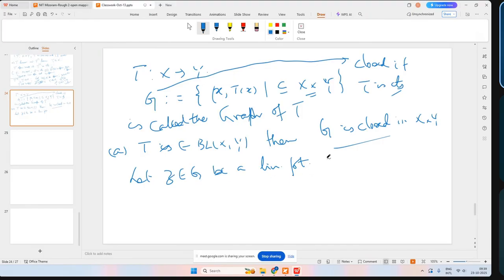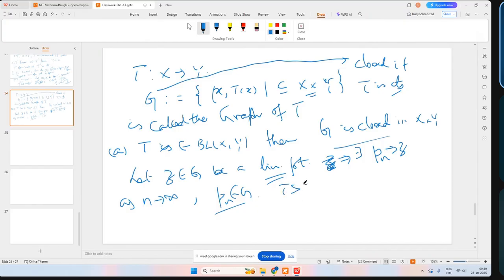So this Z is a limit point of G. It is not yet known to be in G. Since it's a limit point, there exists a sequence, say Pn, converging to Z as n tends to infinity, and Pn belongs to G.